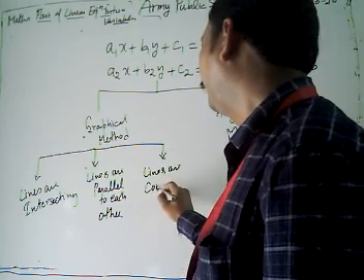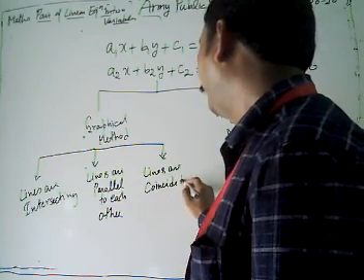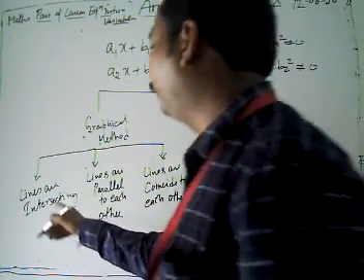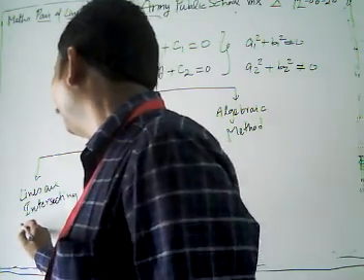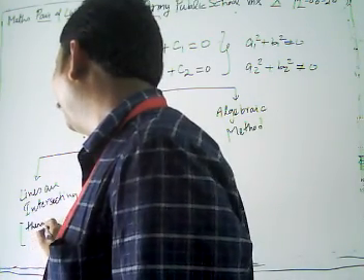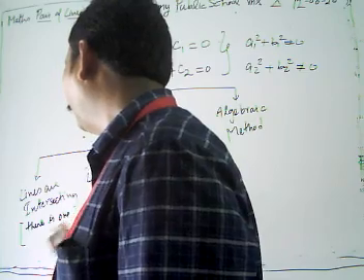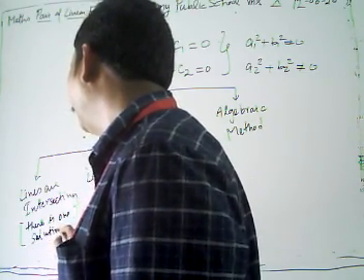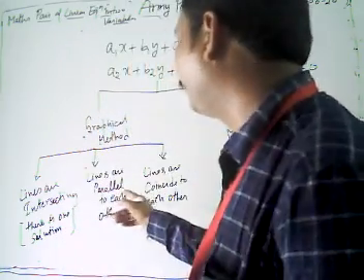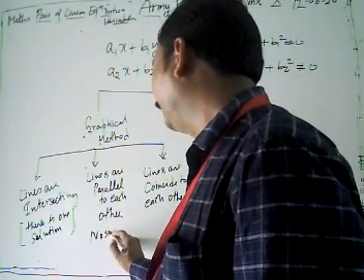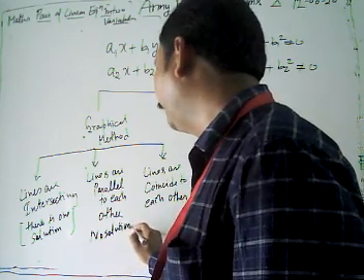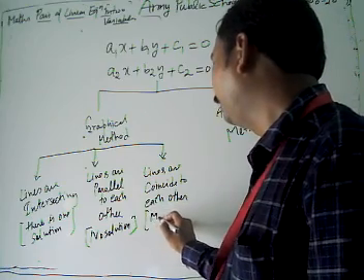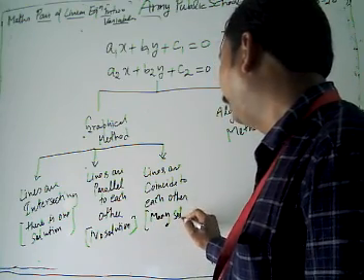Lines coincide with each other. When lines are intersecting, what happens? There is one, meaning we have a unique solution. There is one and unique solution. What happens when lines are parallel to each other? There is no solution. And when lines coincide with each other, then there are many solutions.